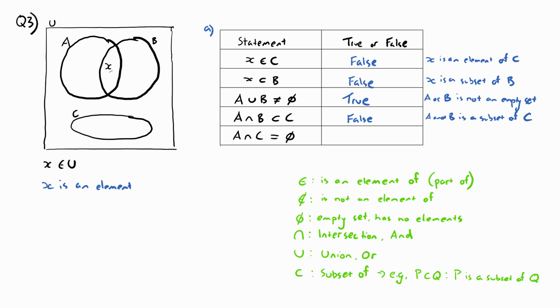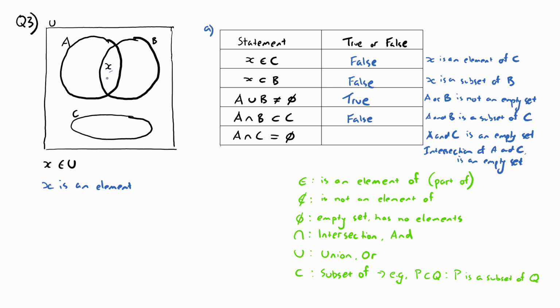So in other words, A and C is an empty set. And I'm also going to write this as the intersection of A and C is an empty set.